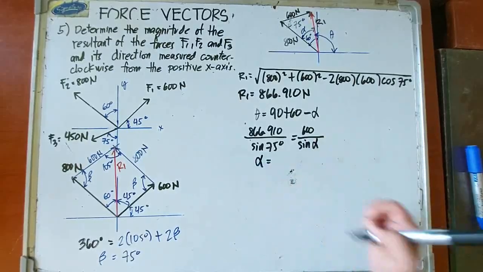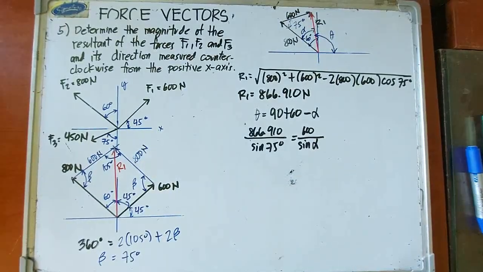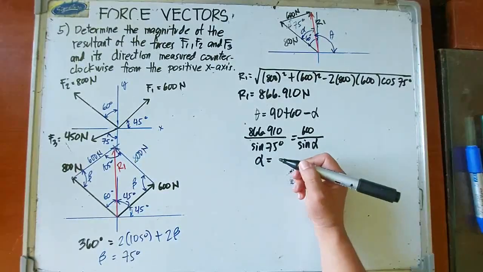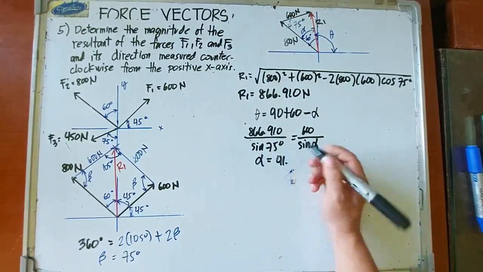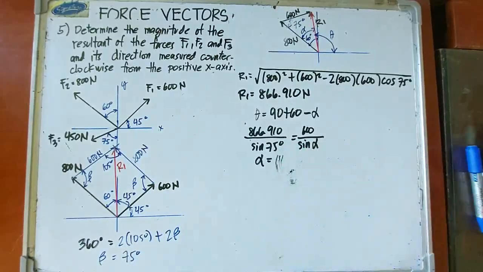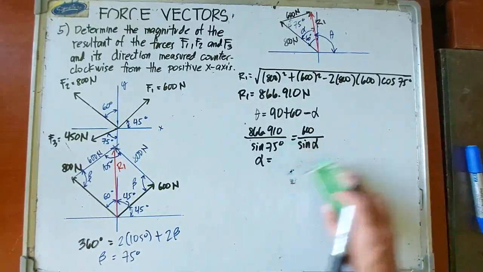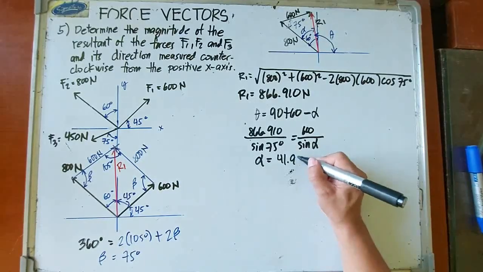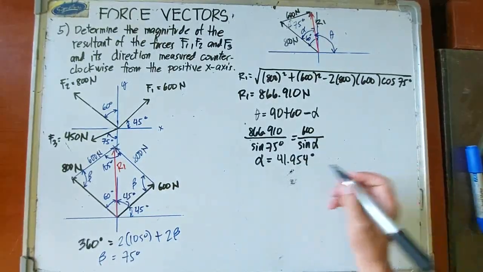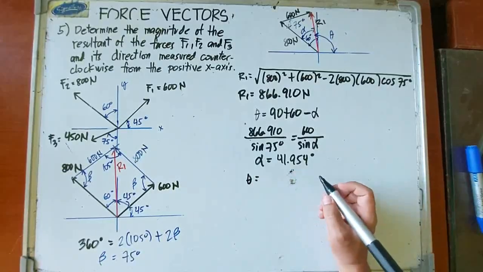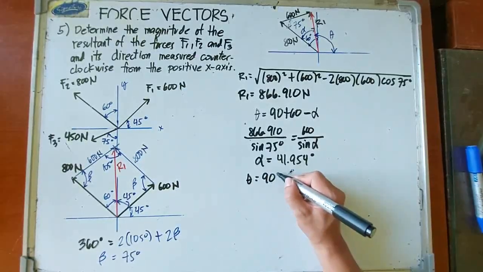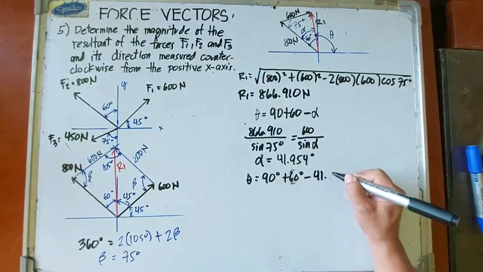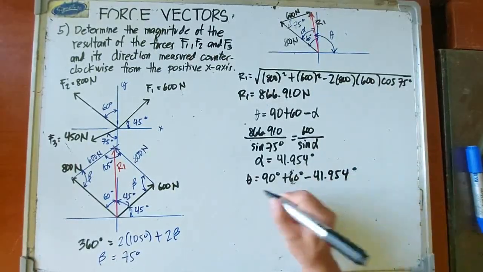So alpha is equal to 41.954 degrees. So that theta is equal to 90 degrees plus 60 degrees minus 41.954 degrees.